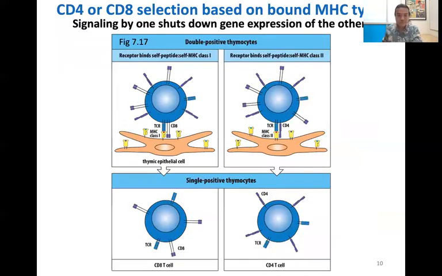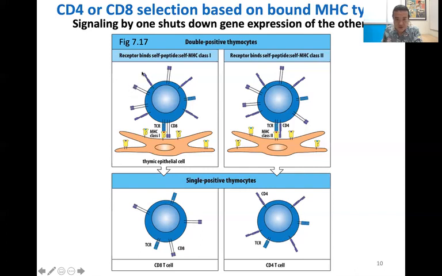Okay. All right. So to summarize, we have an example here, two different double positive thymocytes, right, that have successfully made TCR, right? So their surface is covered with TCR. So here's one TCR, here's another TCR over here, right? And at this point in the development, they don't know what they're supposed to become. So they have both CD8 and CD4 on their surface, right? So the CD8 is represented by these molecules up here, the sort of lollipop looking ones.